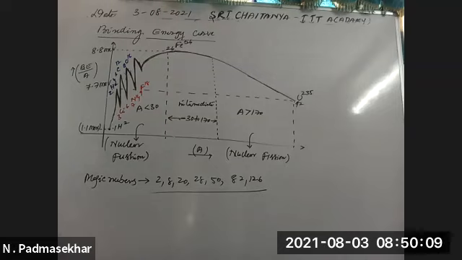These are at the right region of the binding energy curve.